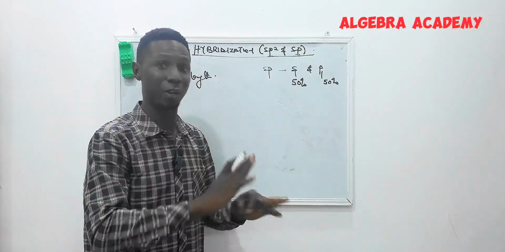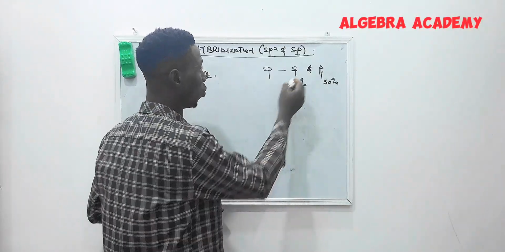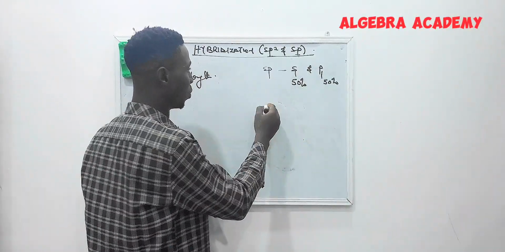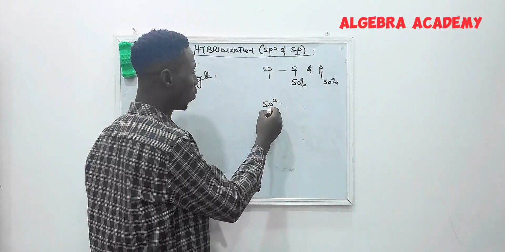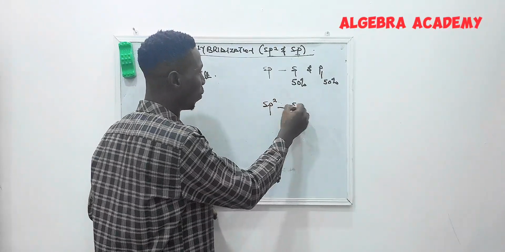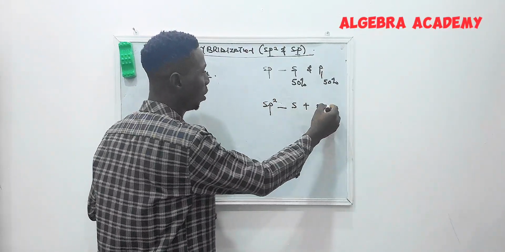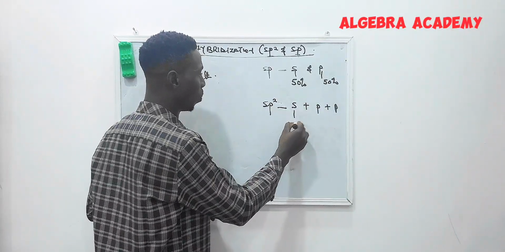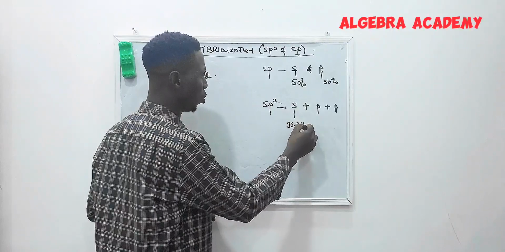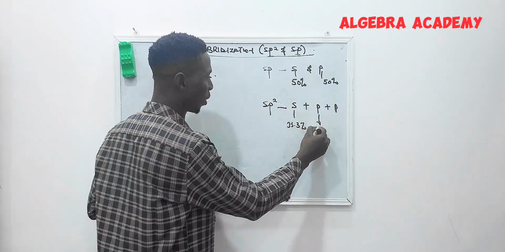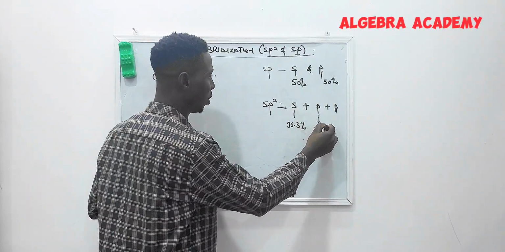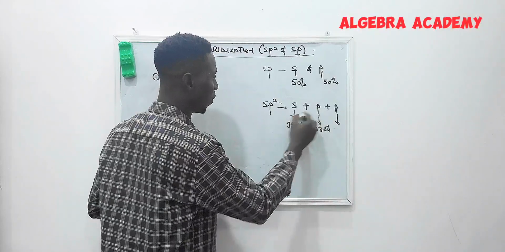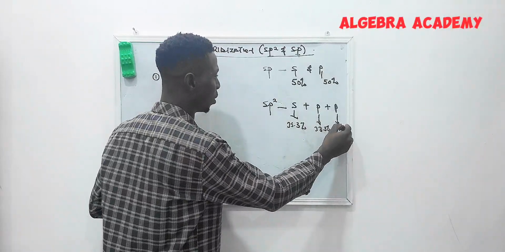They are left out because they are not participating in hybridization. So we only have 1 S and 1 P for sp. For sp2, it means we have 1 S and 2 P. We have S, we have P, we have another P. So it means this will be 33.3% or so. The same thing for this, 33.3%, and the same thing for this, 33.3%.